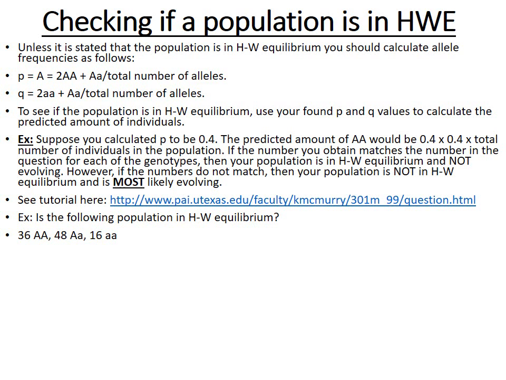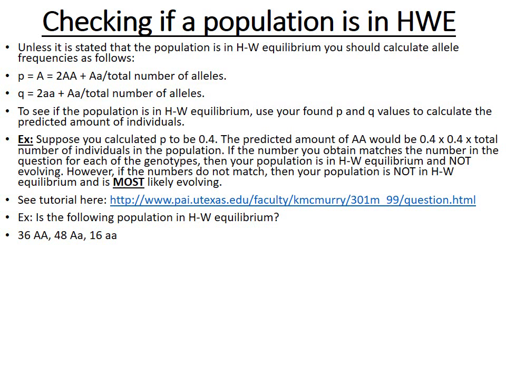Another type of question that you might see with the Hardy-Weinberg equilibrium is one where you have to check if a population is in Hardy-Weinberg equilibrium. In the previous questions, you were told to assume that it was. And so we could simply do p squared, q squared, very simple calculations to figure out what our p's and q's were.